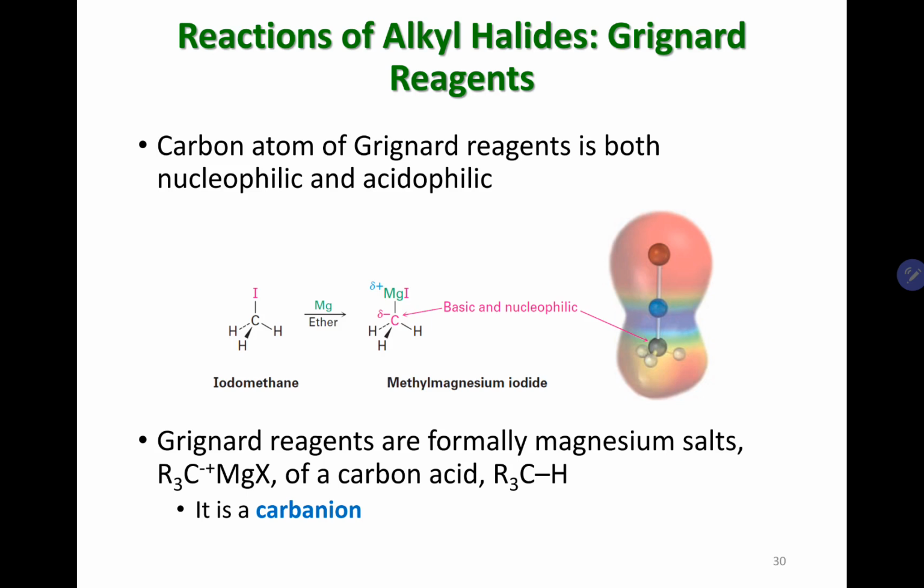It is extremely susceptible in acidic environments, so that is why we keep it under dry conditions. Even a weak acid like water could destroy your Grignard reagent. So in this Grignard reagent you have this carbon anion, which is your nucleophile.